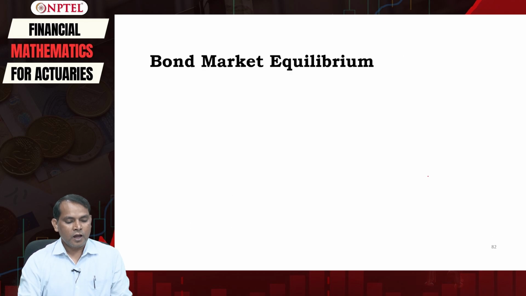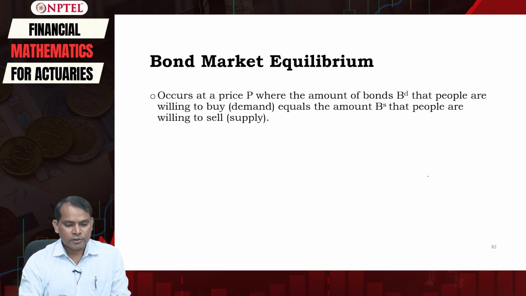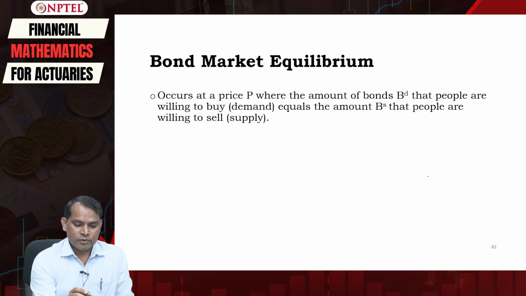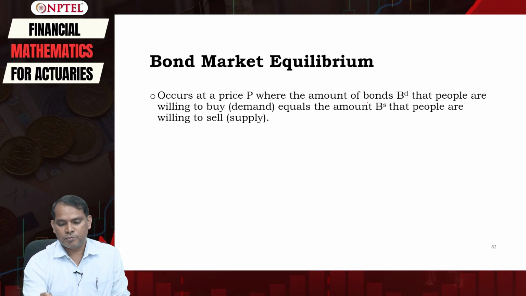And remember, in equilibrium, demand should be equal to supply. So the equilibrium in the bond market occurs at a price P where the amount of bond BD that people are willing to buy, or the demand, equals the amount BS that people are willing to sell. So in equilibrium, demand should be equal to supply.